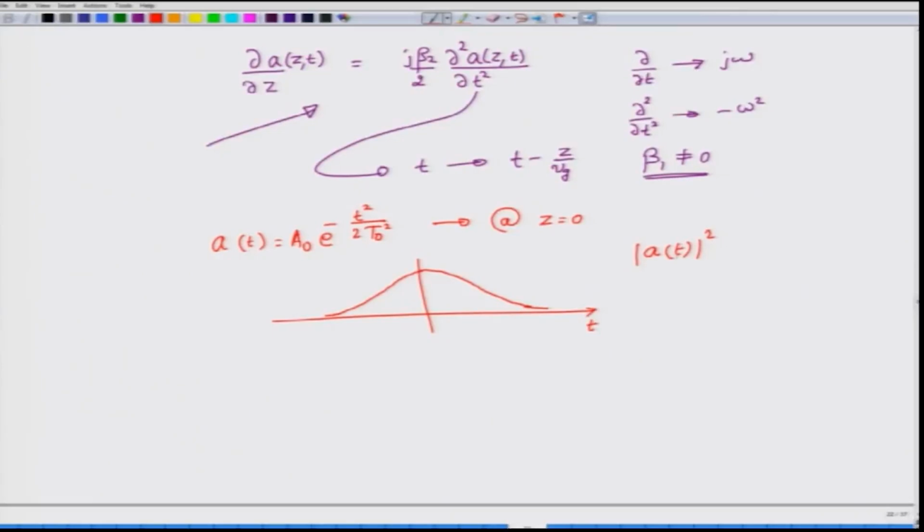Okay. What is the significance of magnitude square? Well, what is the significance of A of t itself? The electric field at z equal to 0 will be given by A of t, which is the input pulse that you have launched, times e power j omega 0 t, correct.